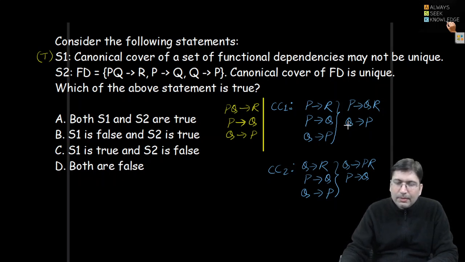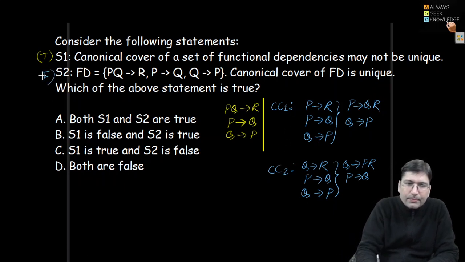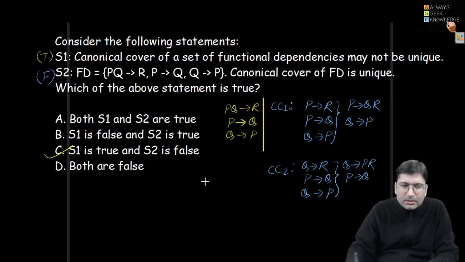So this is the canonical cover of the functional dependency. Now let's read the statement S2: canonical cover of FD is unique. No, there are two possible canonical covers, so that means it is false. So the very first one is true and the second one is false, that means the answer will be C.